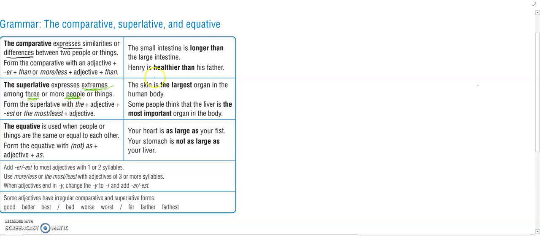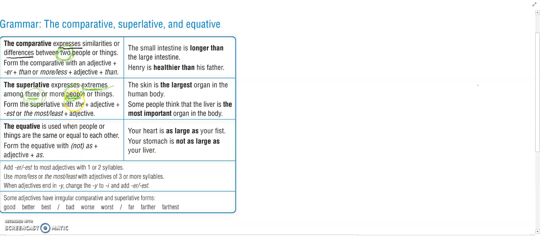Let's say that we talk about a group. In the comparative, we have just 2 objects, 2 people. But in the superlative, we are going to talk about 3 or more people, okay? So we can talk about a group, a class, the group of students, 20 people, etc.